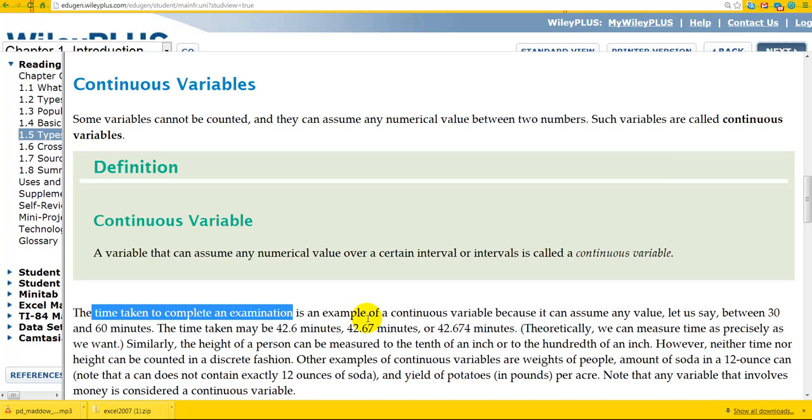But it could have taken you 1,020.01. Anyway, you can see that there's no minimal distance. So since there's no minimal distance between possible values of time, that's called a continuous variable.